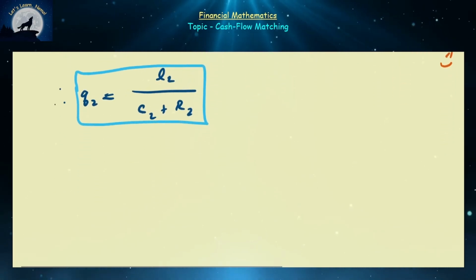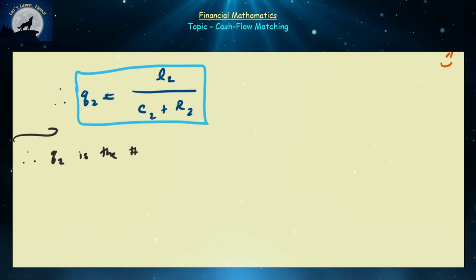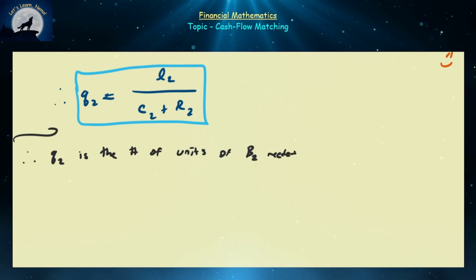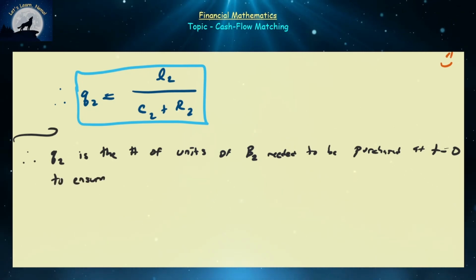So now that we know how much of bond 2 we need to buy in order to price match minimally our liability that's due at time t = 2, there's a couple things that we should specify just for clarity. So we have that Q2 is the number of shares, some people also use the word units, of bond 2 needed to be purchased at time t = 0 to ensure two things.